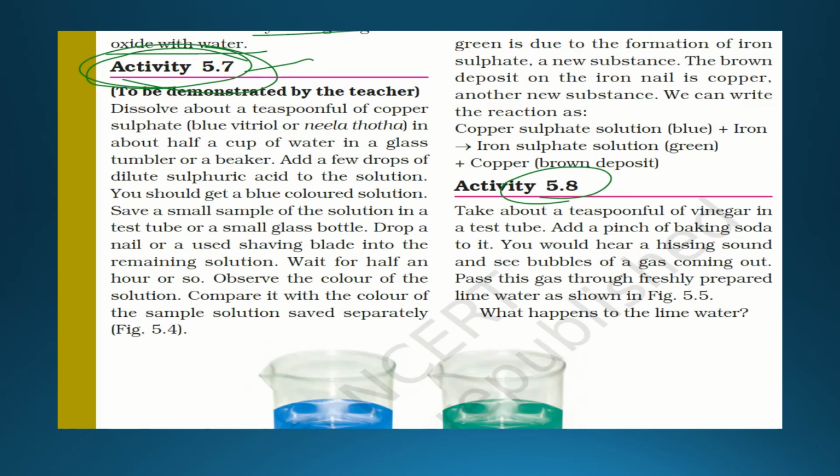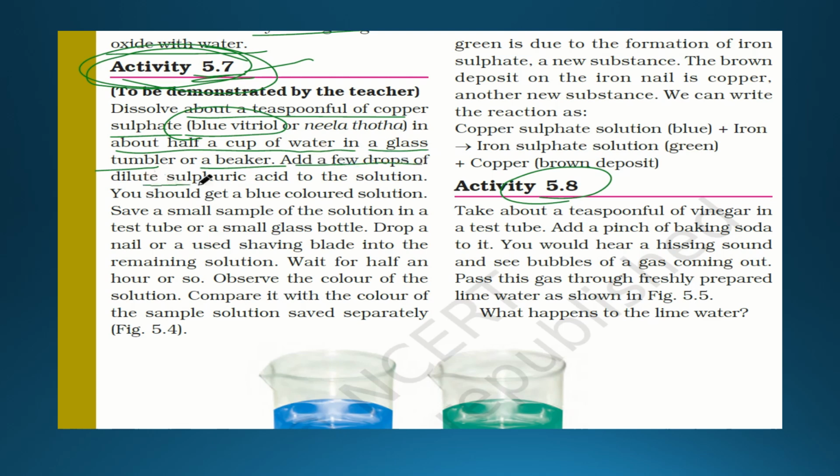Now, experiment 5.7. Dissolve about a teaspoonful of copper sulfate or blue vitriol in half a cup of water in a glass, tumbler or a beaker. So it's better you take a cup or a glass and add a teaspoonful of copper sulfate or blue vitriol to it.